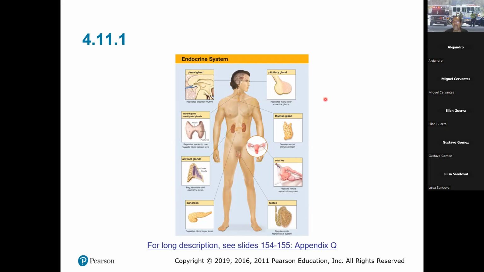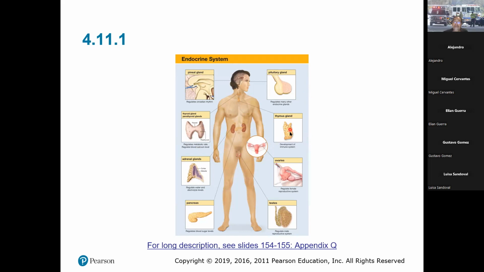We also produce ADH, antidiuretic hormone, which causes us to urinate or not urinate. Of course, you also have the thyroid, which they refer to as a mariposa, and that releases a certain amount of chemicals to maintain calcium and metabolism.